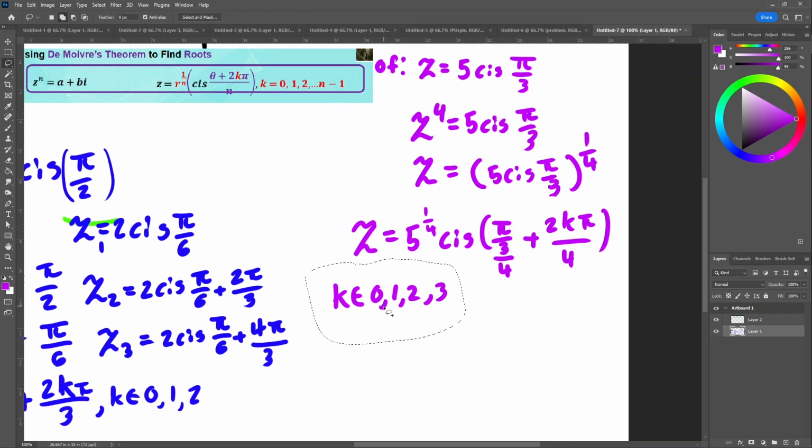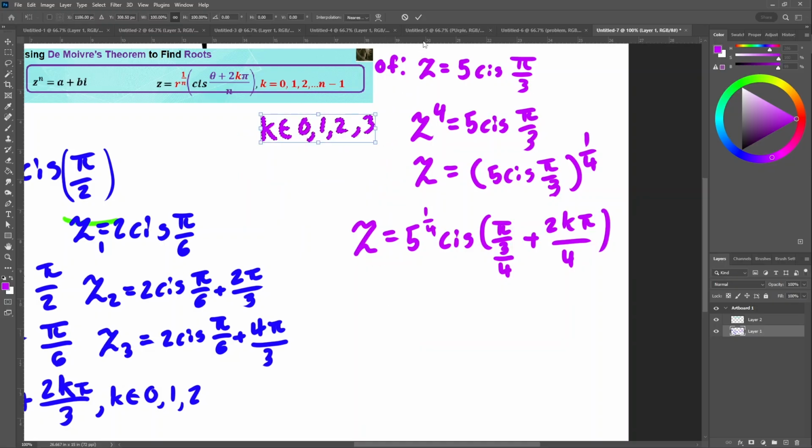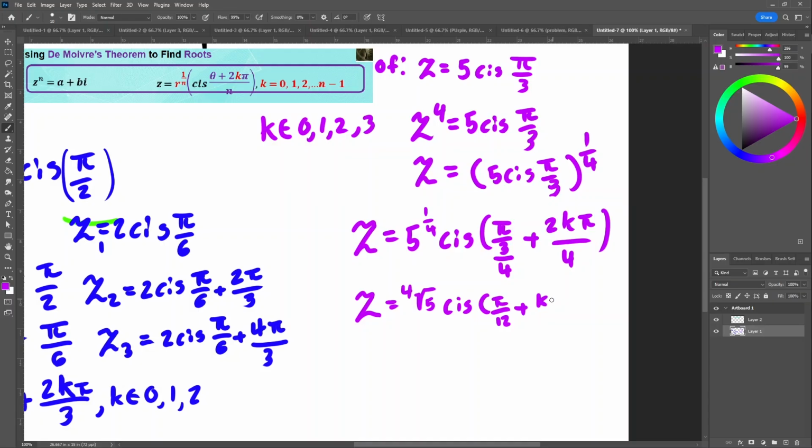So we had put that actually over here just to serve as a reminder for us. Now if we finish this off finally, z is equal to 4th root of 5. I'm not trying to find out what that is. Cis pi over 12 plus k pi over 2.